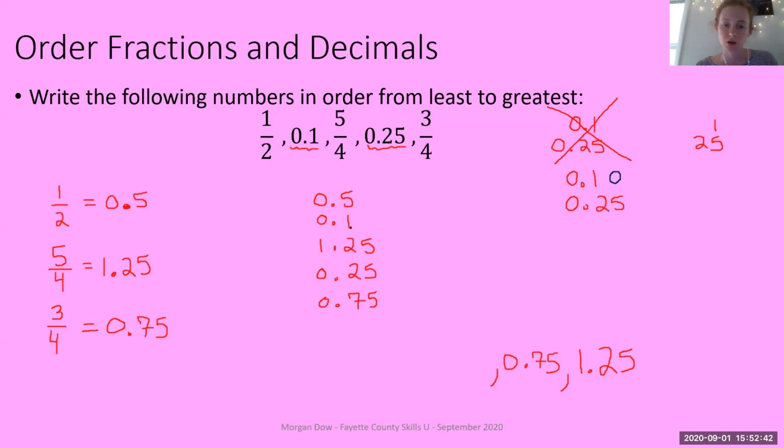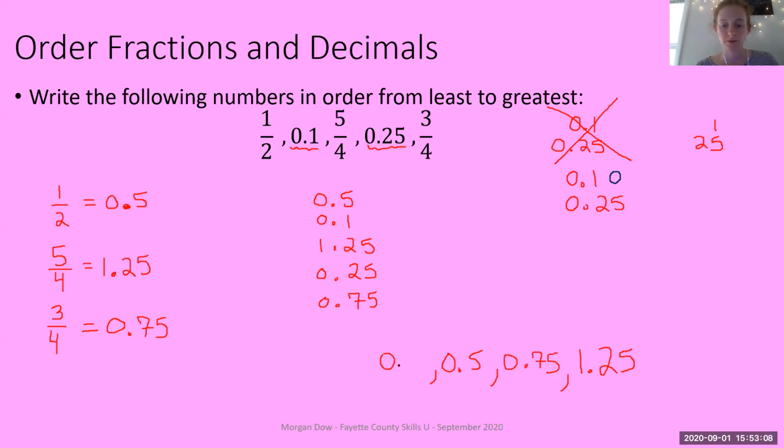Now we're going to continue looking at our tenths place. So we had 5/10, 1/10, 2/10. The 5/10 should come next, right? 0.5 is bigger than 0.1. It's also bigger than 0.25. And then next is going to be that 0.25.